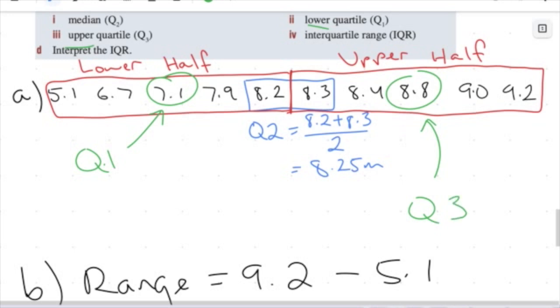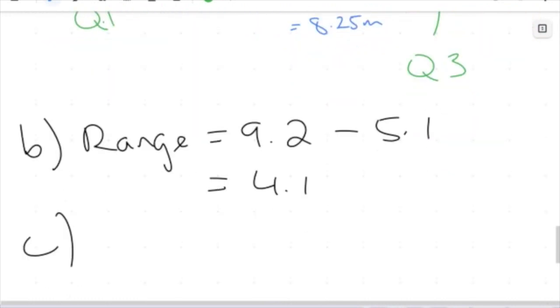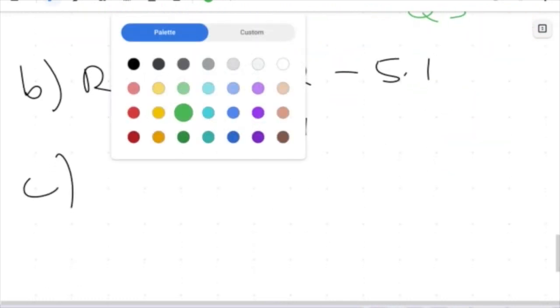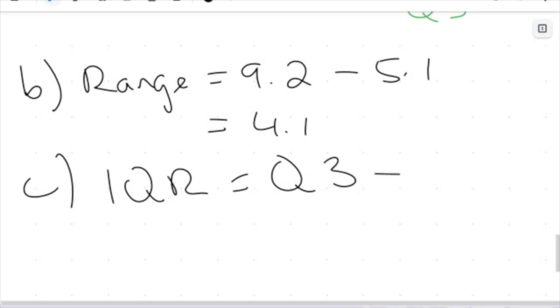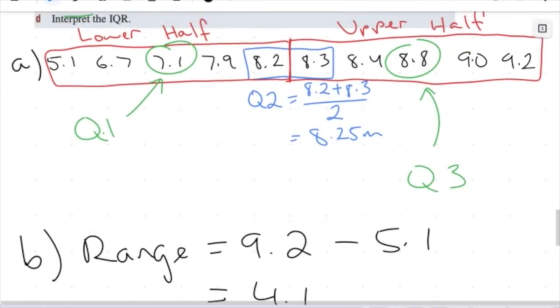and this middle term here is going to be my quartile 3. Now, what I'm going to do to find my interquartile range is subtract my first quartile from my third quartile, right? Well, my lower quartile from my upper quartile. So here I'm subtracting 7.1 from 8.8.